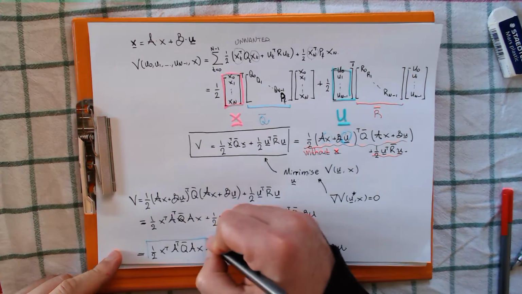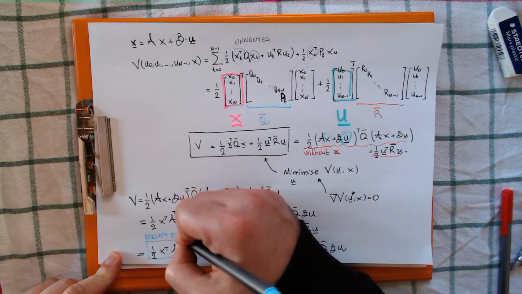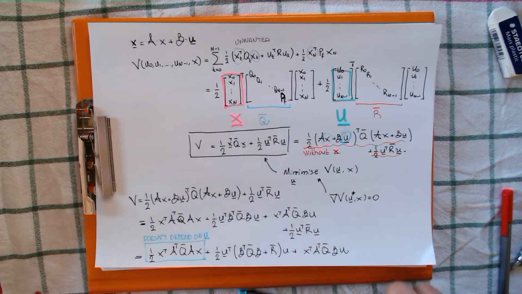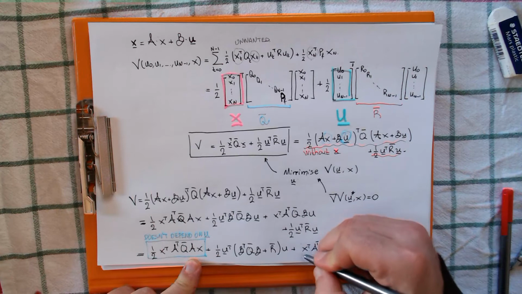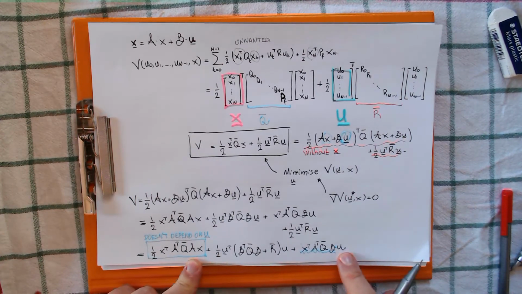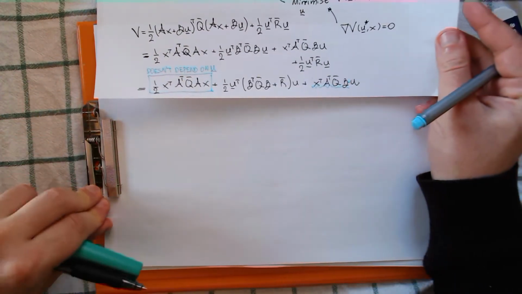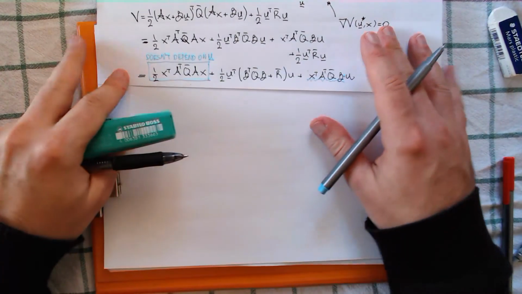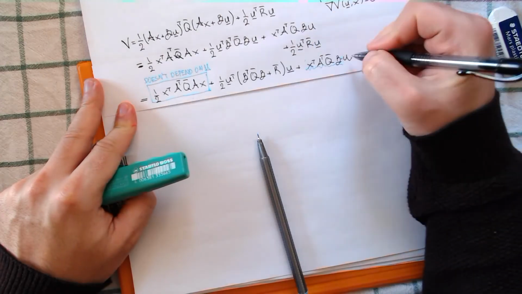X is constant, everything else is constant, doesn't depend on u. This is a quadratic term, u transpose times something times some quantity times u. So this is linear in u, this is quadratic in u, and this is the function we want to minimize. This is the function we want to minimize with respect to u bar. I missed a bar here, sorry, underlined.